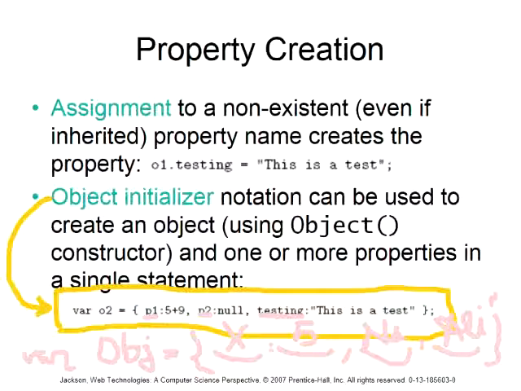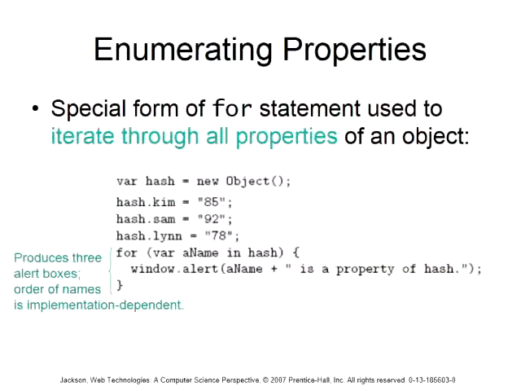The value of p2 was null, and after that the value will be Ahmed. I can write o2.testing equal Salah. So I can write here p3, object.x equal 5. Yes. Welcome.